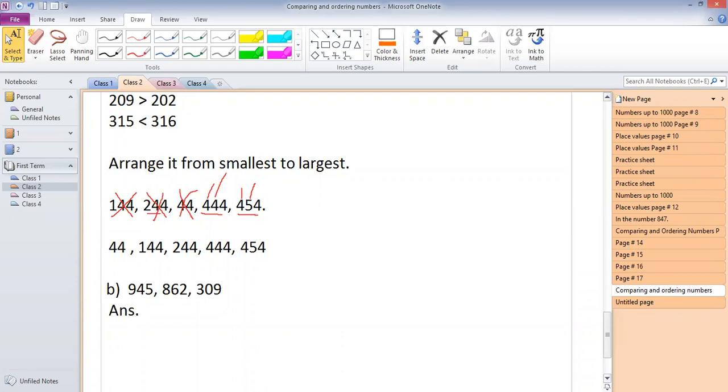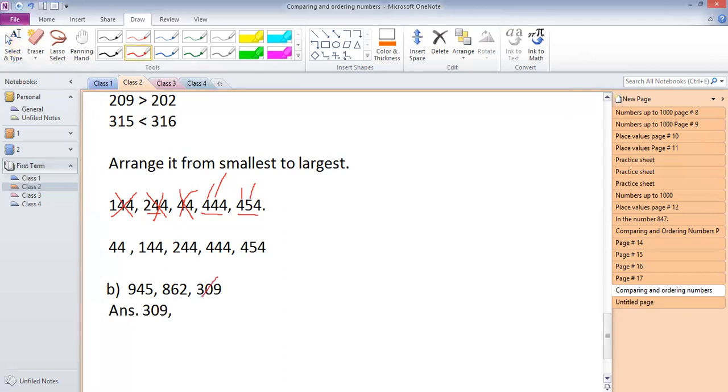So this is very easy, guys. You will compare the hundreds first. 900, 800, 300. 8 is smaller than 9, and 3 is smaller than 8 also, and 3 is smaller than 9 also. That means 309 is smaller than 862 and 945. So I write 309 first.